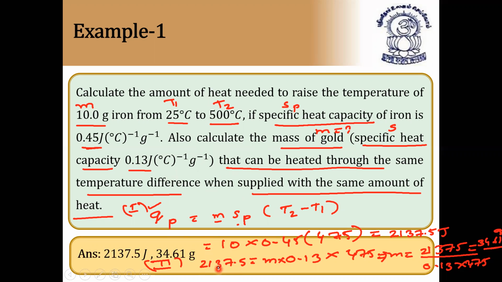So as they are given the same amount of heat, heat is equal to 2137.5 in second case, equal to mass of gold, which you are going to find, into specific heat of gold 0.13, into temperature difference, also the same, that is 475. So mass of gold M is equal to 2137.5 divided by 0.13 into 475, which comes around 34.61 grams after calculation.